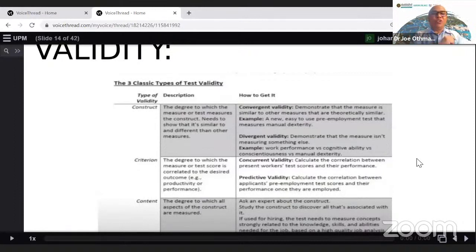In any literature book on statistics and testing, they talk about reliability and validity. They will say validity is a test that is able to measure what it is supposed to measure. When a test manages to measure or assess or show what it is supposed to show, then that test can be construed as having validity.